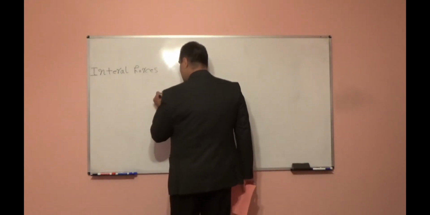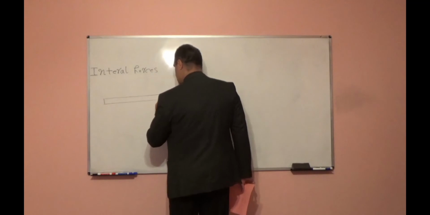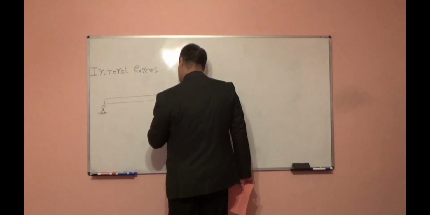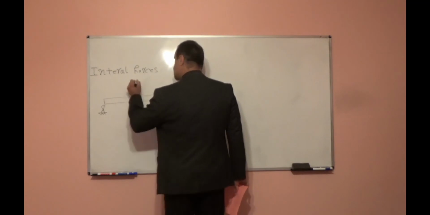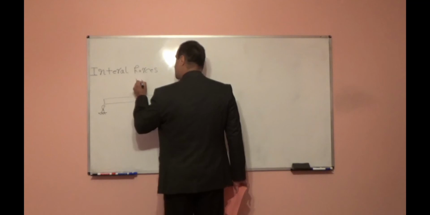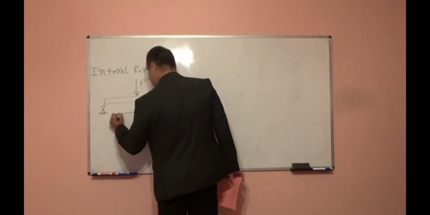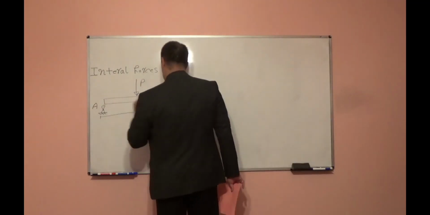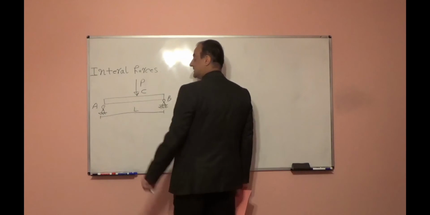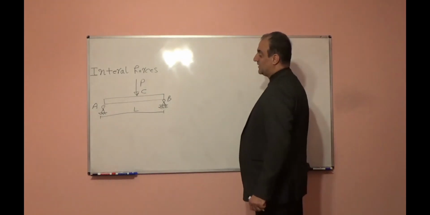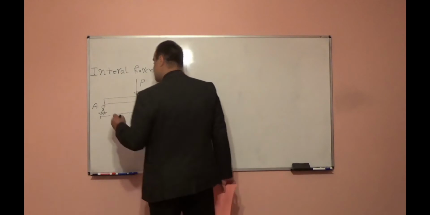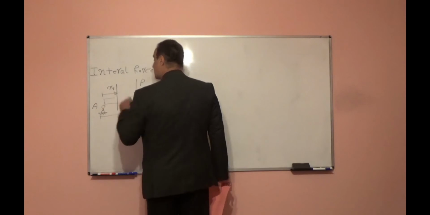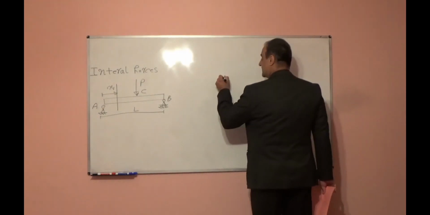For example, we have a simply supported beam. This simply supported beam is subjected to concentrated load P at midspan, and the length of this beam is L, point A, point B, point C. If I want to show internal forces in one section, which is at x1 distance from point A, I can draw a free body diagram.